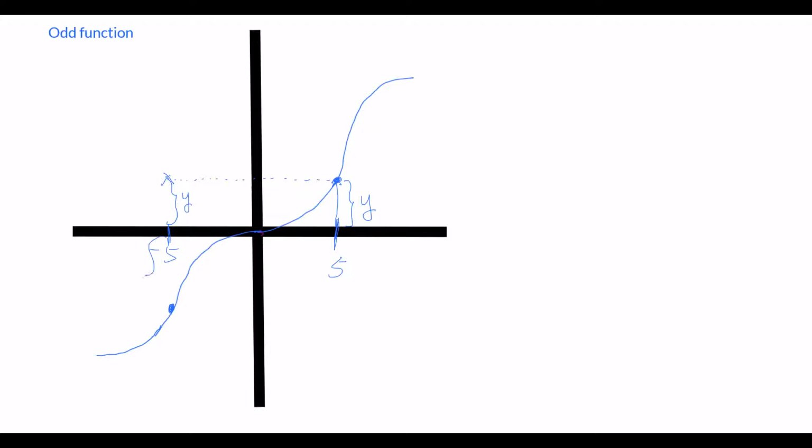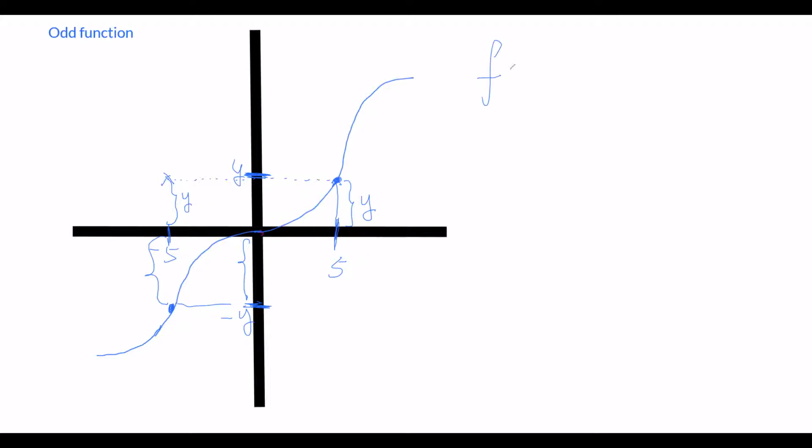And if this point comes to the lower part of the x-axis, in order to show that it is below the x-axis, the length is y, but we label this number as minus y.